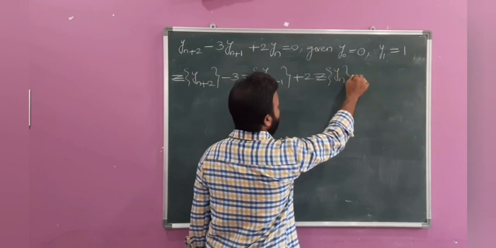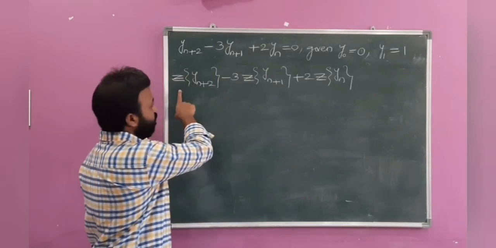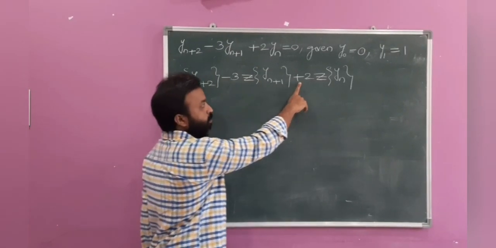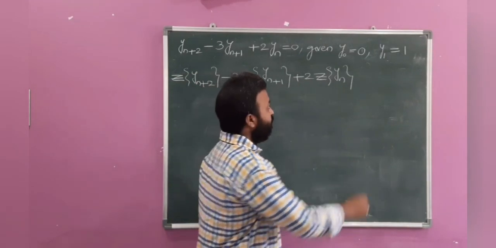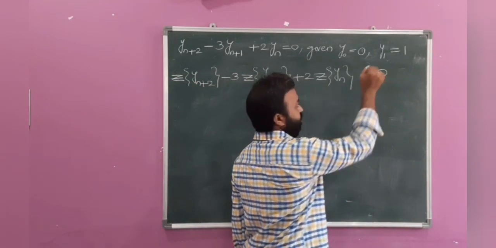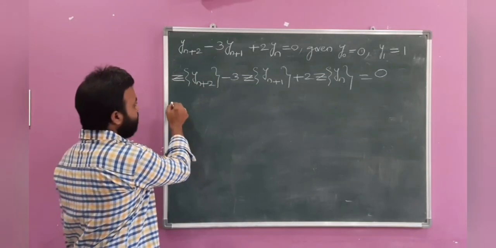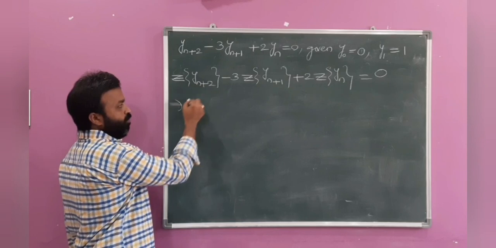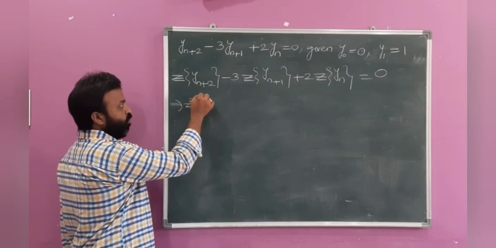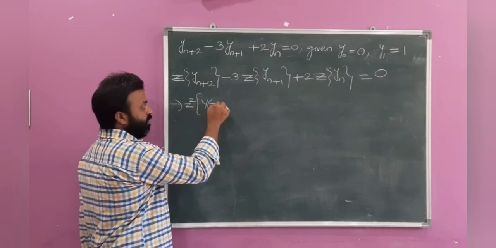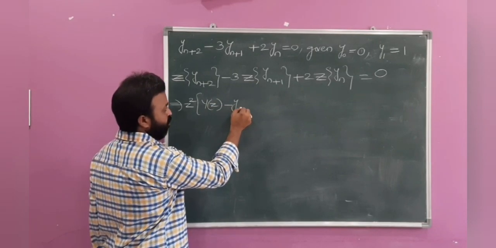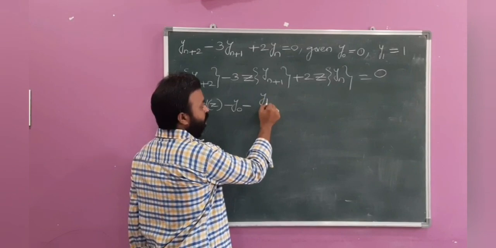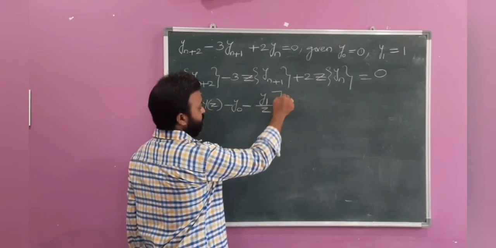So by taking Z transformation on both sides, we get Z transformation of y(n+2) minus 3 into Z transformation of y(n+1) plus 2 into Z transformation of y(n) equal to 0 on the right side. By the shifting property, Z transformation of y(n+2) is z square into Y(z) minus y(0), or we write y0 minus y(1), or y1 by z.